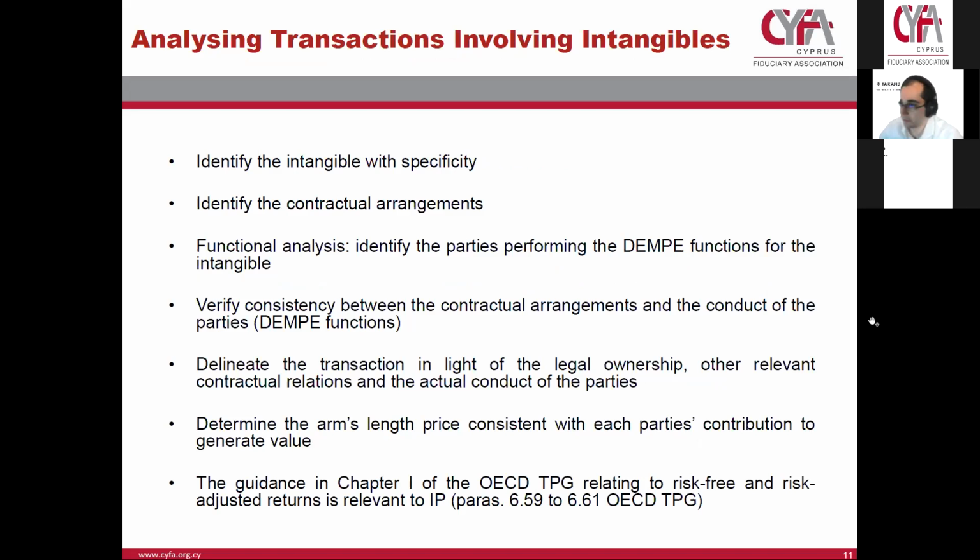Essentially, in sum, to analyze transactions involving intangibles, it is first necessary to identify the intangibles with specificity, to identify the contractual arrangements, so the terms of the contracts in place and the responsibilities and the allocation of different risks and assets between the related parties, to perform a functional analysis of the parties in relation to the intangibles, in order to understand who performs the DEMPI functions or a portion of the DEMPI functions in relation to a particular intangible.